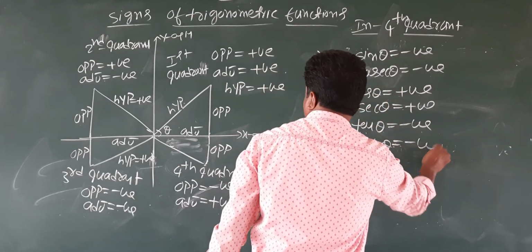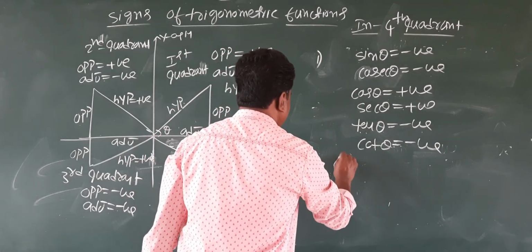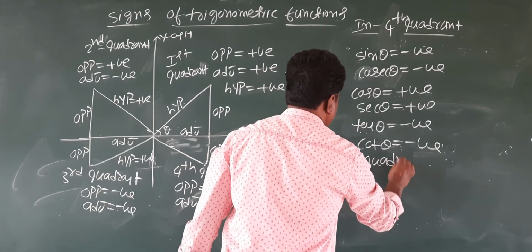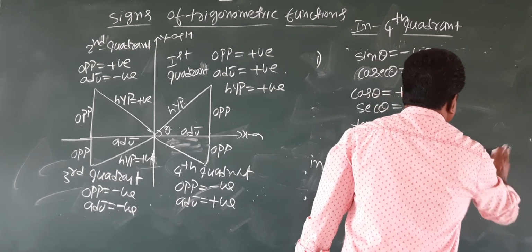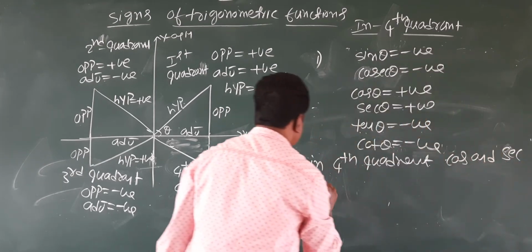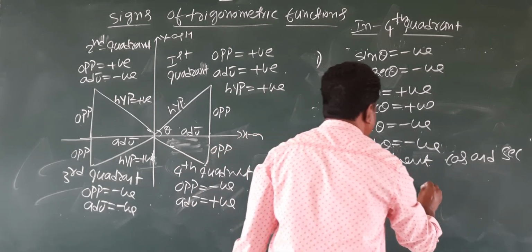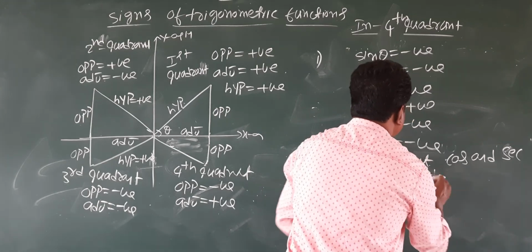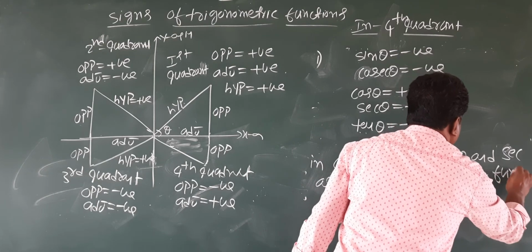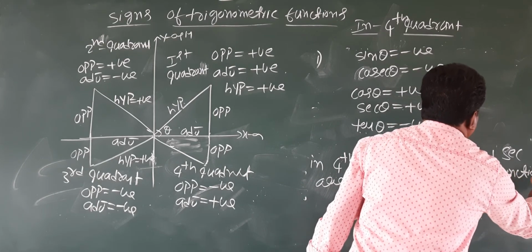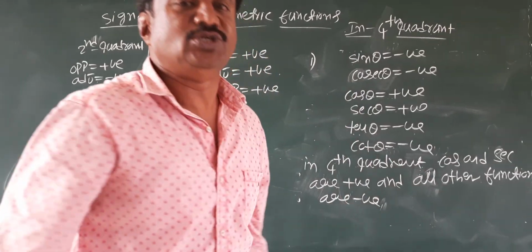So in the fourth quadrant, cos and secant are positive, and all other functions are negative.